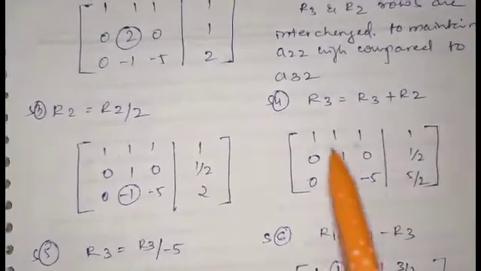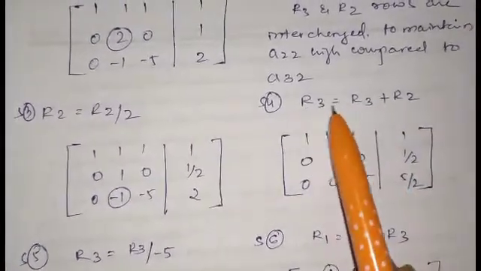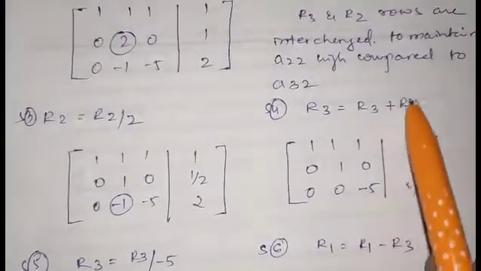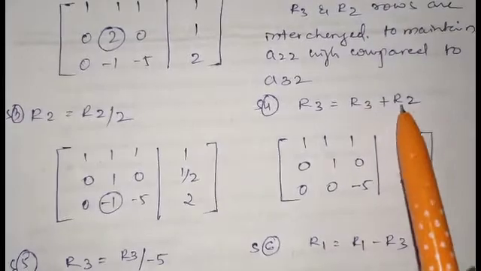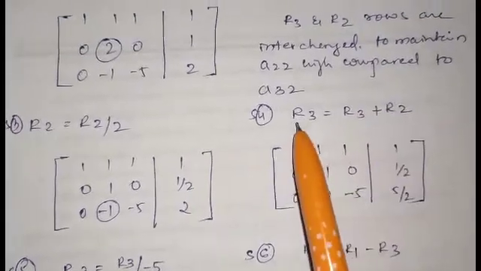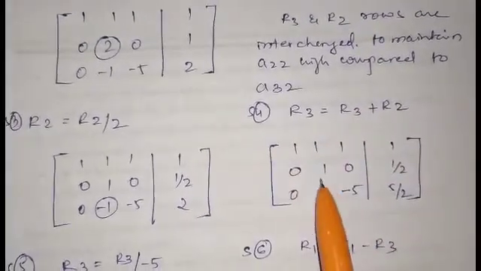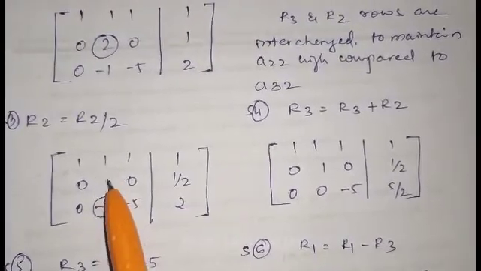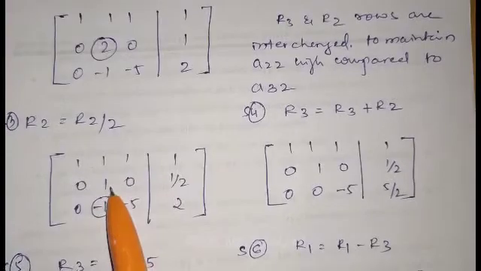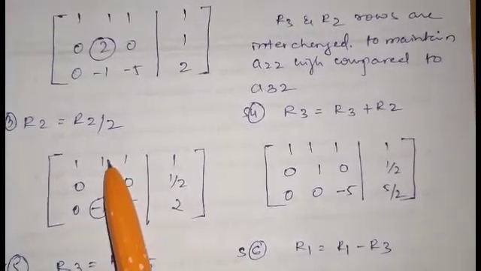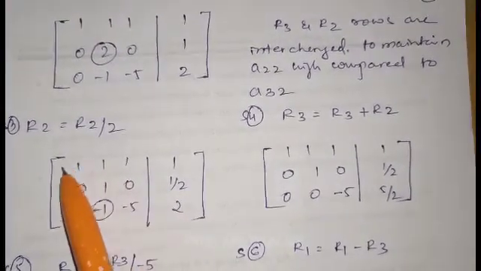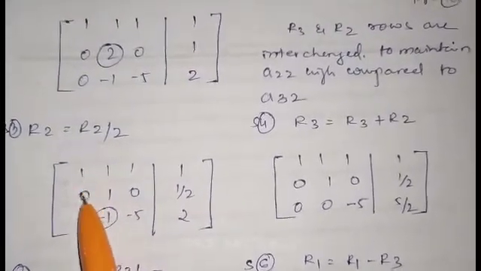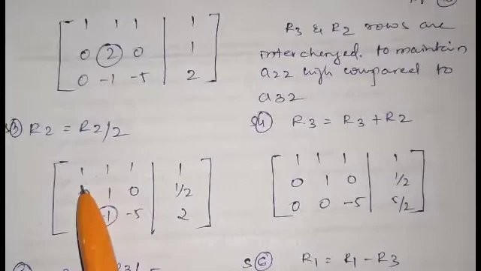So look here, I have taken R3 is equal to R3 plus R2 formula, or you can say the expression. I didn't take R1 here. Why? I need to make this element 0 with respect to this row I am considering, because if I take R1, which was already made a constant, or already we have modified this particular column, we shouldn't modify that column.